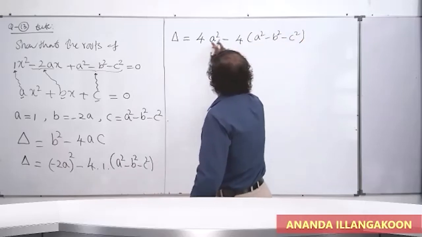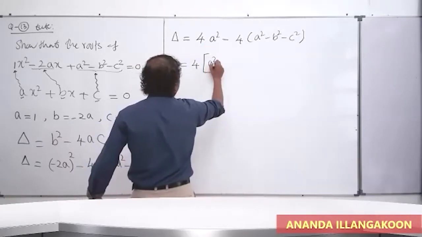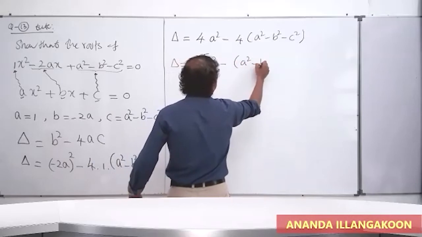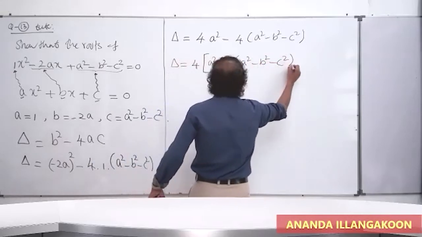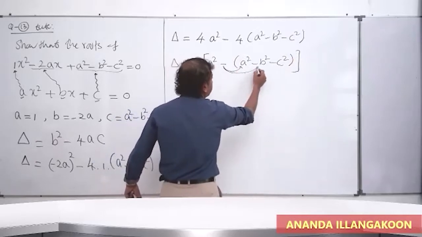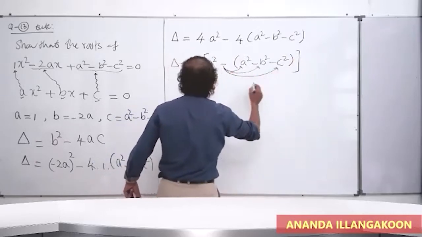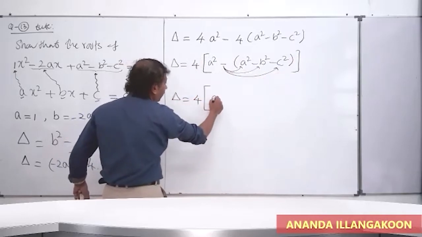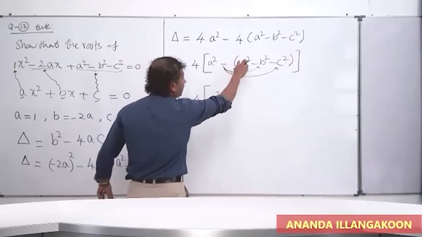Take this 4 out, people. 4 is common. Also take 4 out here, we have A squared. Here also take this 4 out. We have within bracket this way. Now by the minus sign, we can multiply all these 3 terms. We get delta equals 4 times A squared. This minus, here we have plus.